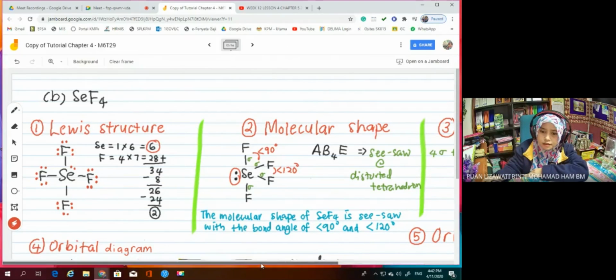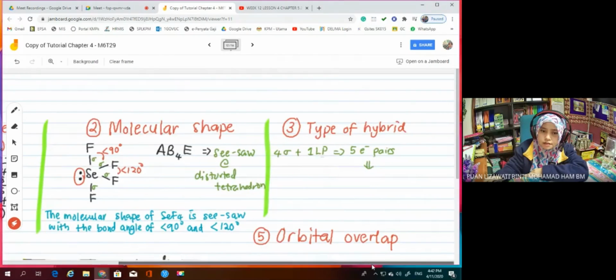Alright, next, for the type of hybridization, refer back to the molecule. There are 1, 2, 3, 4 sigma bonds plus 1 lone pair, so there are 5 electron pairs on the center atom. Therefore the type of hybridization is sp3d.